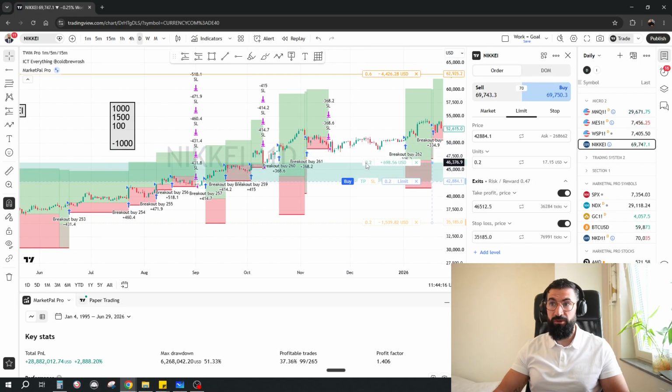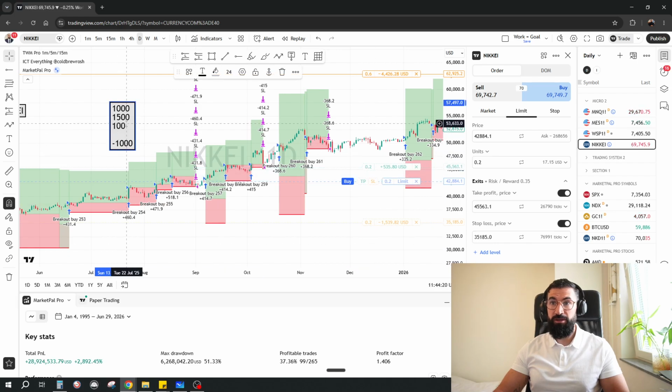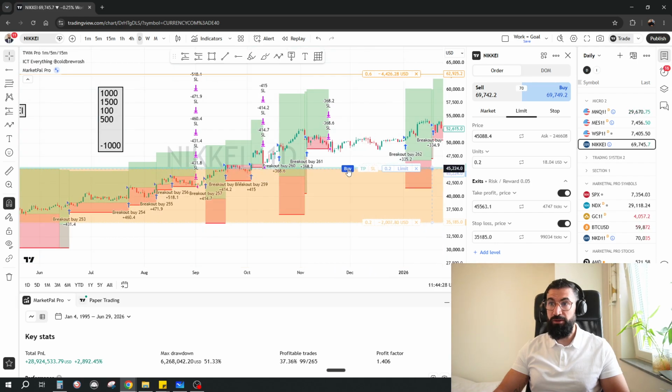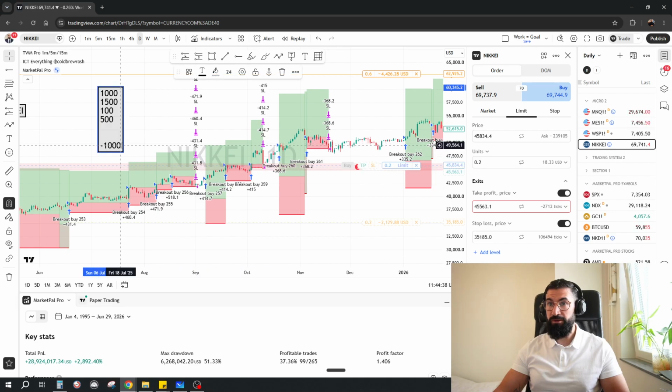Where are all the stops being hit? It's around 500 in profit on this one. And if I make another buy right there, this is basically where we get stopped out. So we get stopped out. Yeah, I'm gonna make it $100 just to make it even.